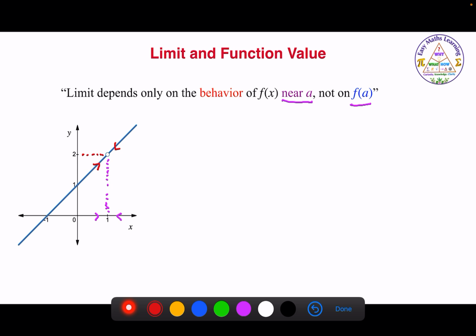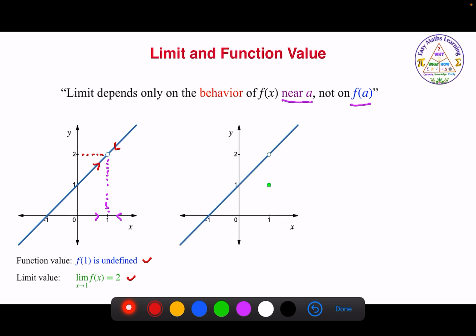So the limit value is 2. The function is undefined, but the limit value is 2 here. Hence we say a function might be undefined at some point, but the limit still may exist.